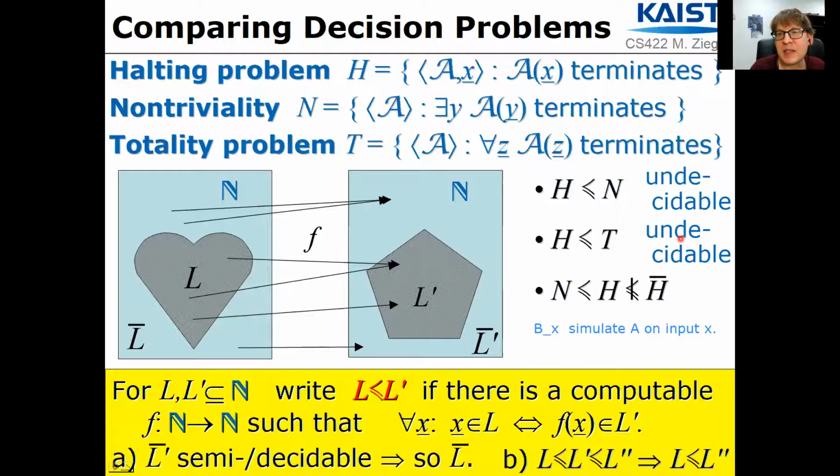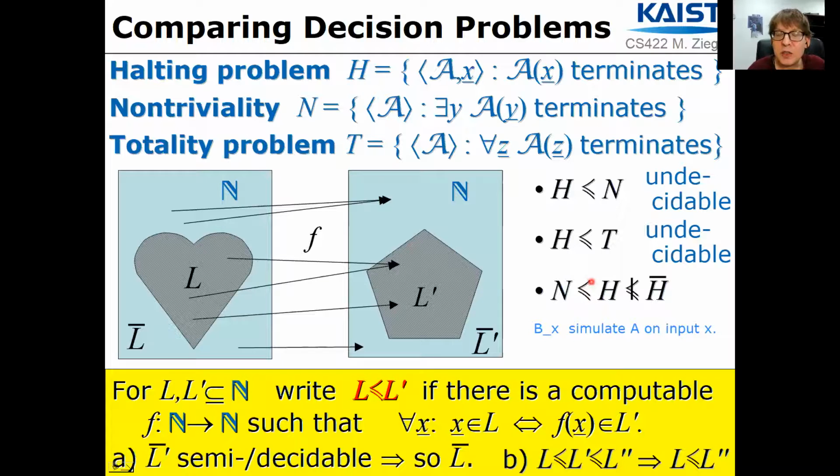Moving on, the next statement is about comparing the opposite, the non-triviality problem with the halting problem. This reduction also holds, which basically means that the halting problem and the non-triviality problem are equally undecidable, right? So here, h is reducible to n, and n is reducible back to h.